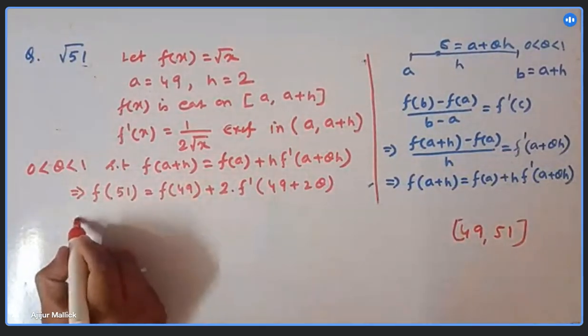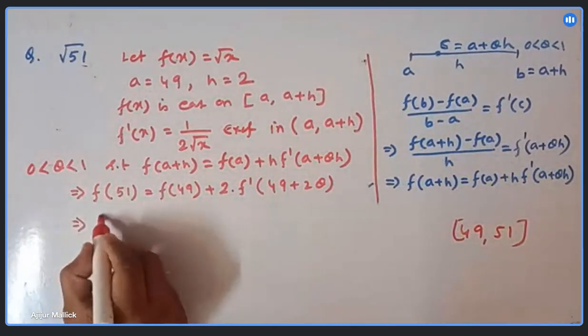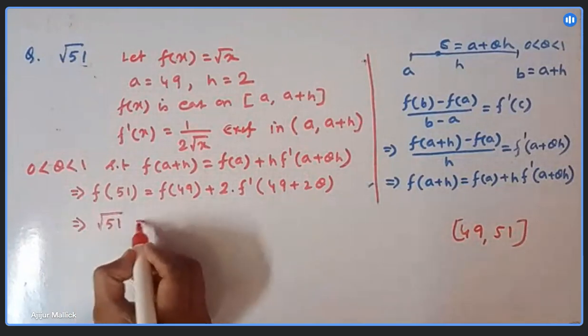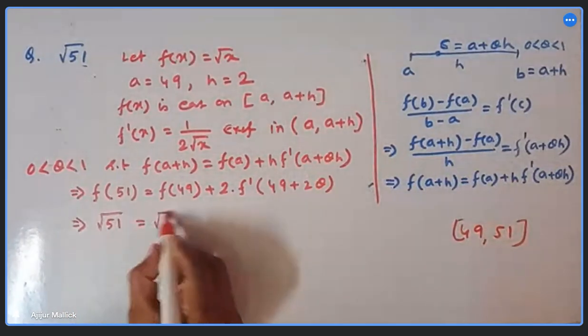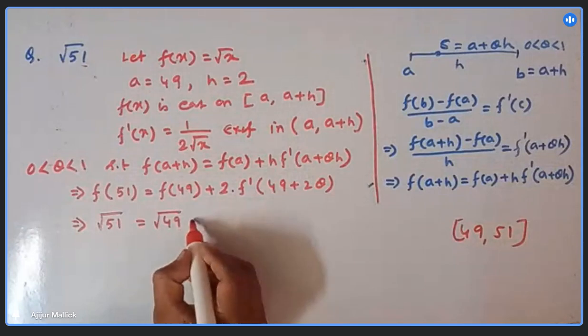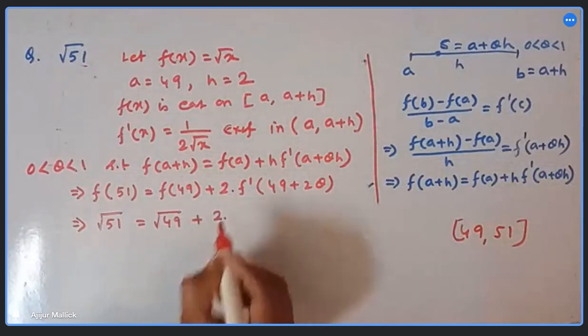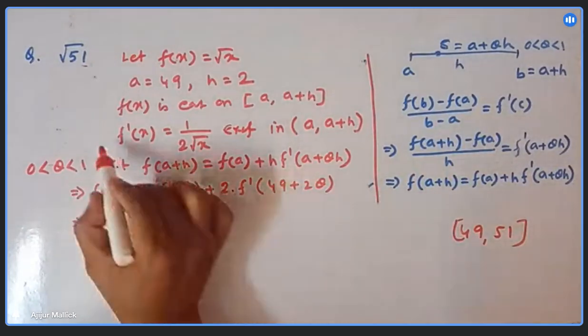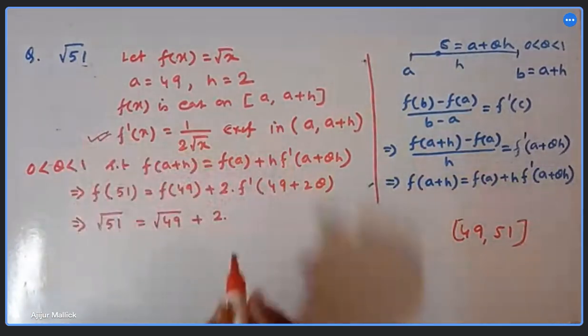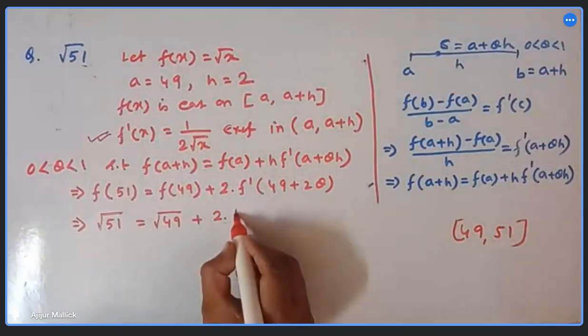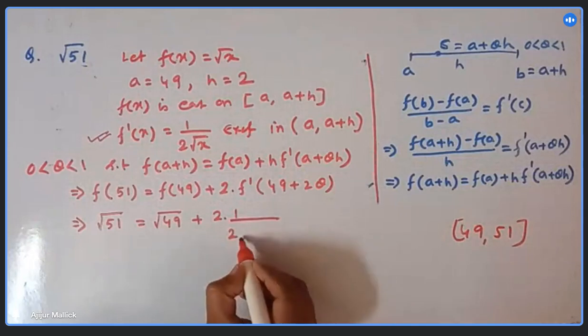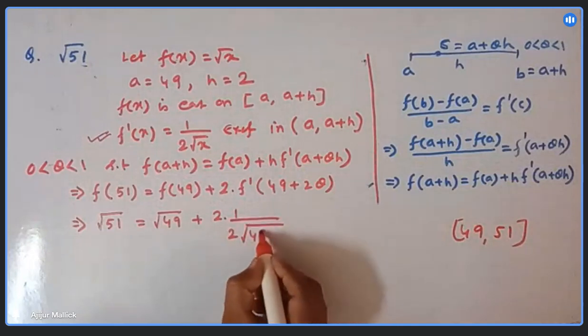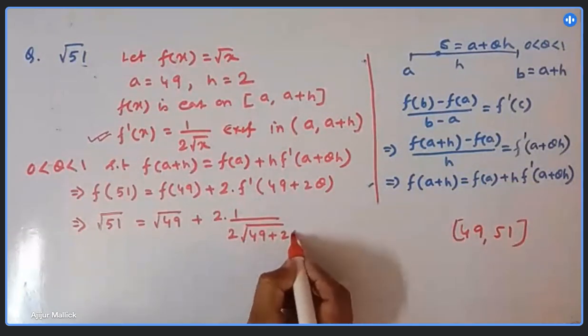So root of 51, f of 51, this will become root of 49 plus 2 into f dash. From here, 1 divided by 2 into root of 49 plus 2 theta.